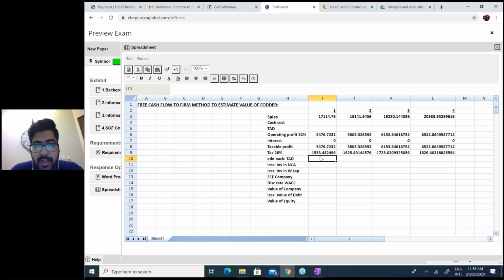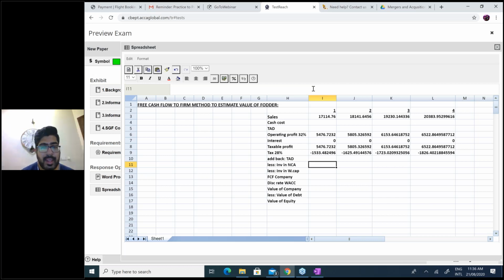Okay, now you need to add back TAD, investment in NCA, and investment in working capital. Three things remain. So add back TAD, tax allowable depreciation, and working capital. Now listen to this point carefully. I don't know what tax allowable depreciation is because I wasn't provided information about that.